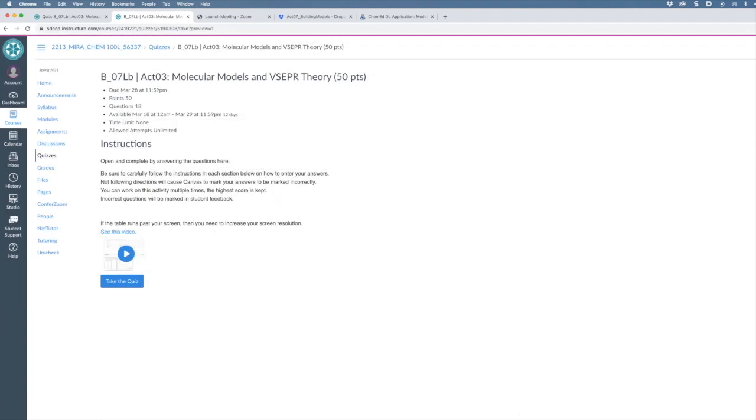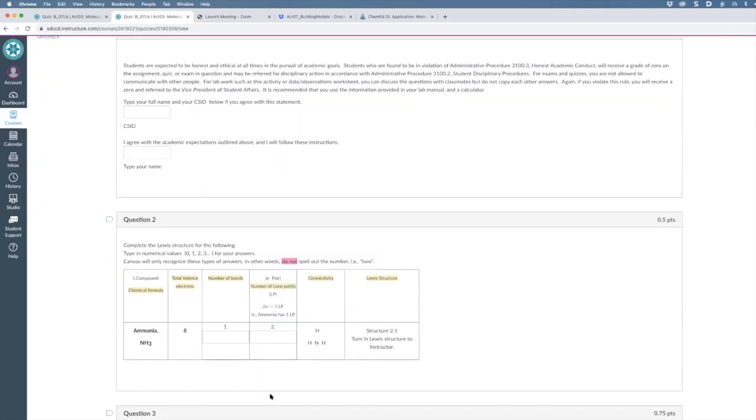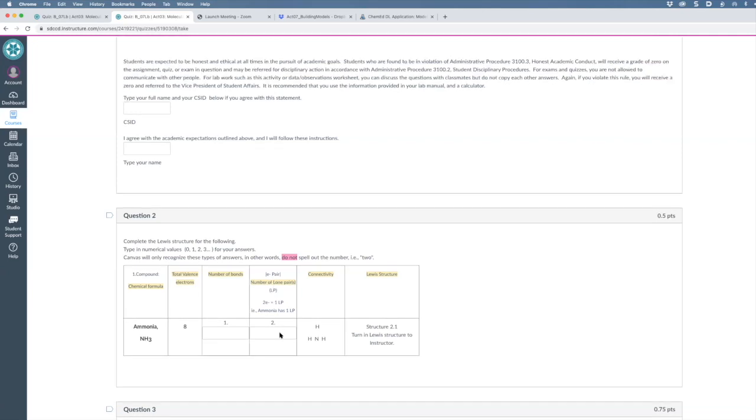Under student view, of course you have to put your ID and all that, and then you have these blanks here, and it asks, number of bonds in NH3. If you did it in your worksheet, you should be able to put a number right here, and then the number of lone pairs in NH3, you should be able to put a number here.